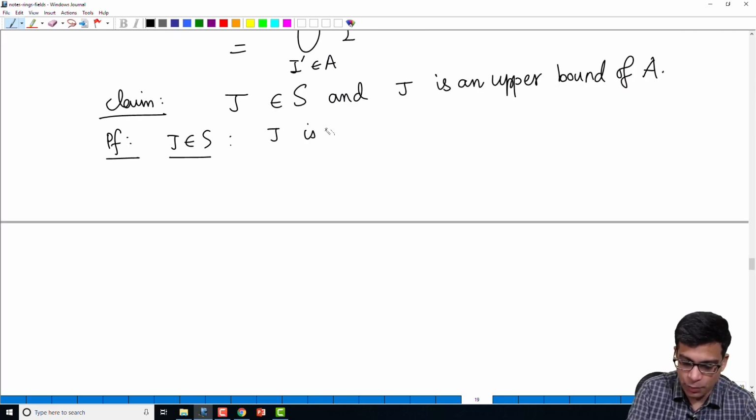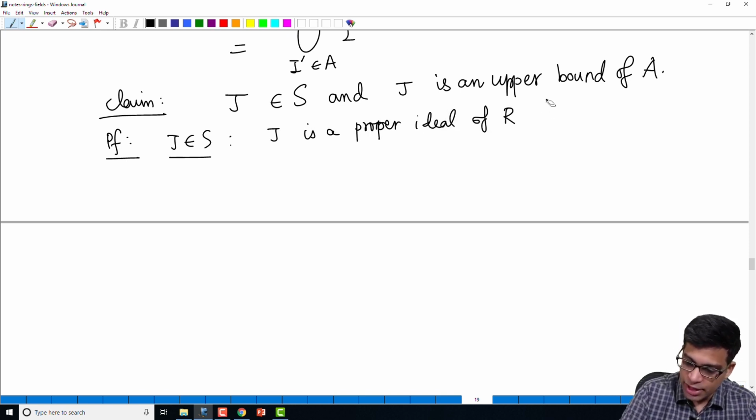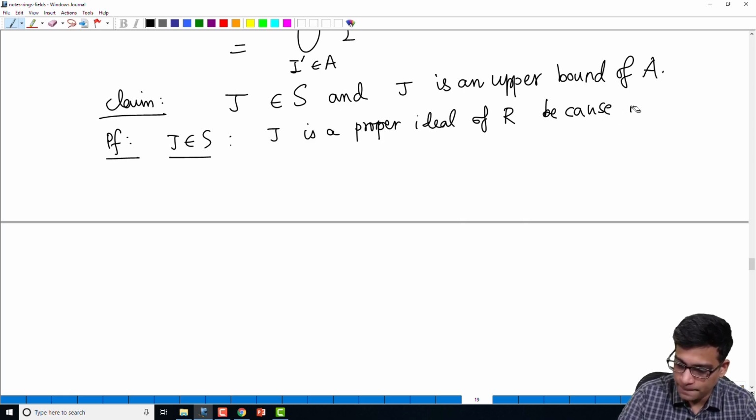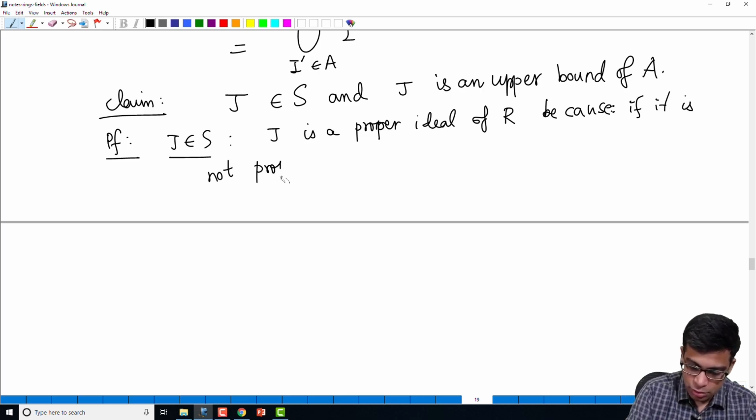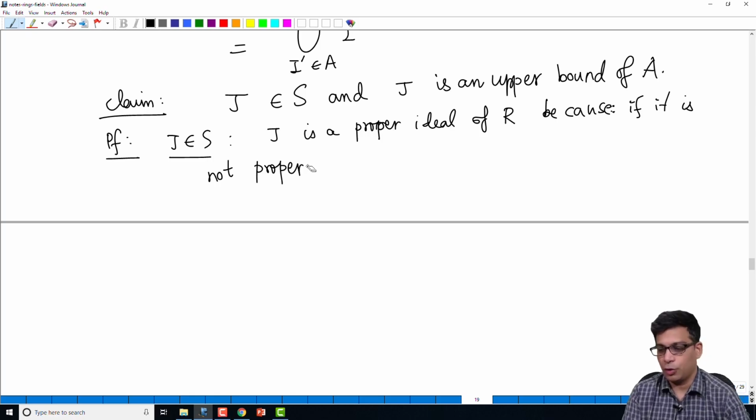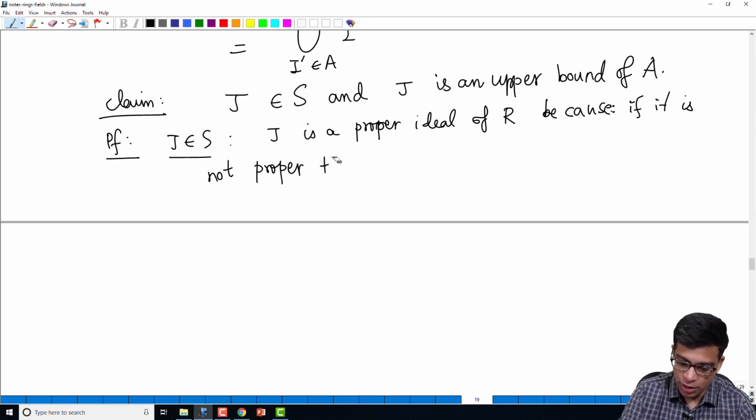First of all, J is a proper ideal of R. Why is this? J is a proper ideal of R because, if it is not proper, what is the meaning of not being proper? If it is not proper, then 1 belongs to J, right?